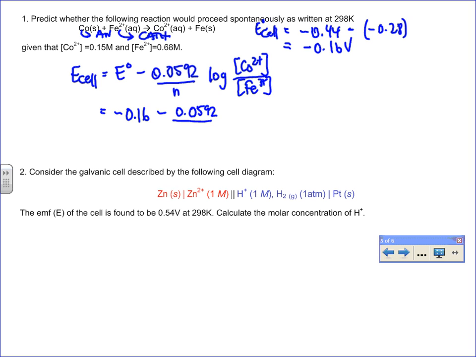The number of electrons transferred, if you examine it, is 2. Then we've got the concentration of the cobalt at 0.15 and the concentration of the iron at 0.68. When you do the math here, you get negative 0.14 volts, so therefore this is not spontaneous at these particular conditions.